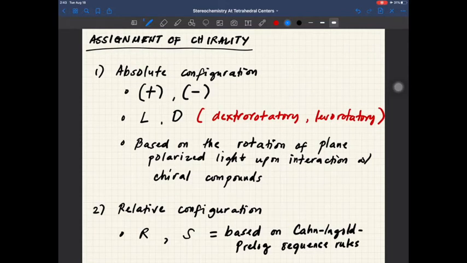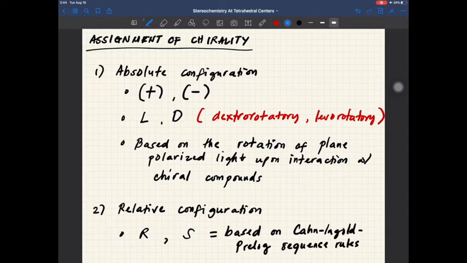Now, one of the most important aspects in learning stereoisomerism or stereochemistry is the assignment of chirality. There are two ways in assigning chirality. One is by using absolute configuration, and the other one is by using relative configuration. When we talk about absolute configuration, we are referring to the notations plus, minus, and L and D. L and D essentially mean levo-rotatory or dextro-rotatory.